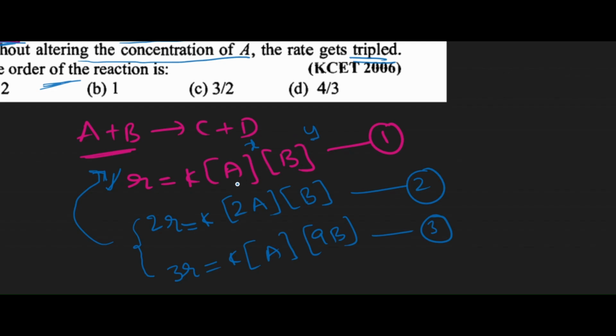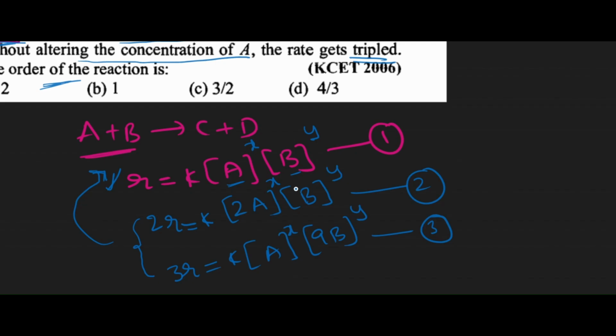The power, whatever it is, will be determined experimentally, right? So I have assumed X for A, and Y for B. Similarly, with the change in concentrations, we are also assuming the same powers X and Y.